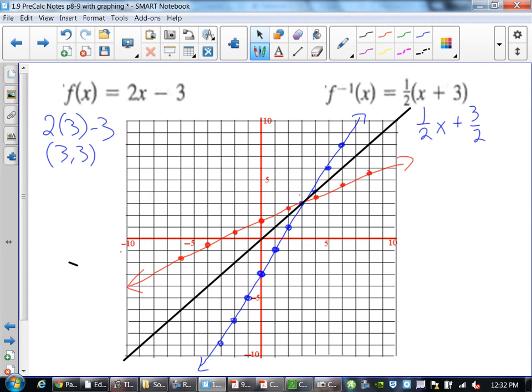Okay, bad example, because what's the ordered pair for the other one? 3 and 3. I just didn't mean to do it that way, but it worked. I'm not lying, guys. I just guessed on 3. I had no idea. You always want us to put f of x equals x too.